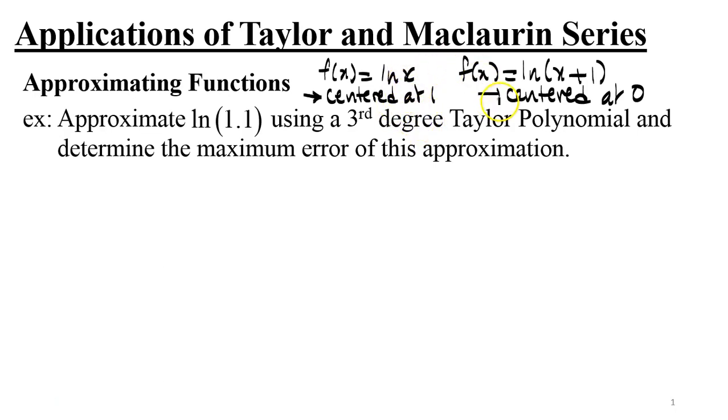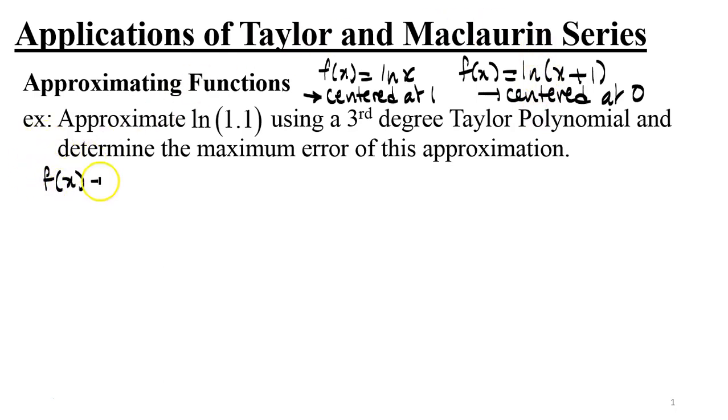So it's really up to you, but watch out for the value that you center your polynomial at. It has to be a value that the function and all its derivatives are defined at. So I'm going to go for f of x equals ln of x plus 1, because if you have the choice to center your Taylor polynomial at 0, it's always much easier.